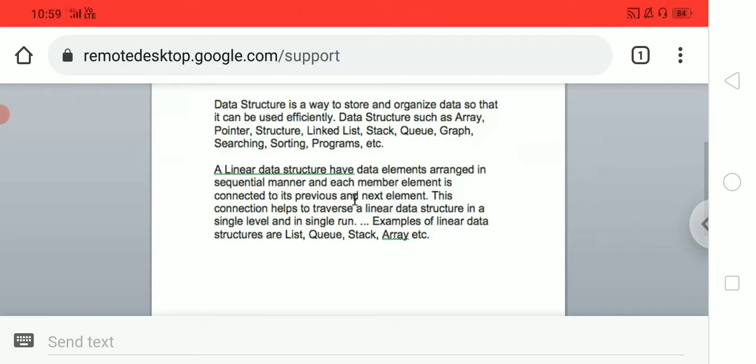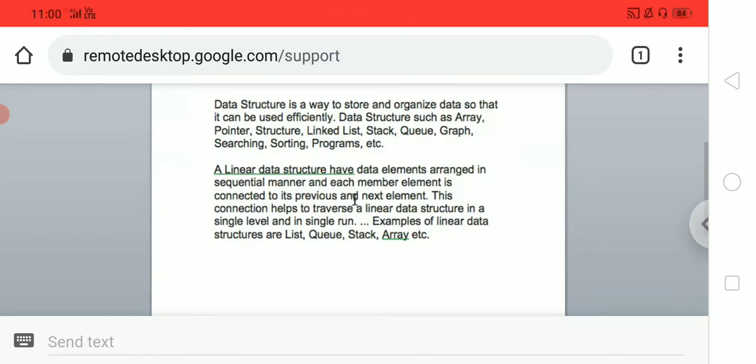Actually, we have two types of data structures: linear data structures and nonlinear data structures. A linear data structure has data elements arranged in a sequential manner, and each element is connected to its previous and next element.